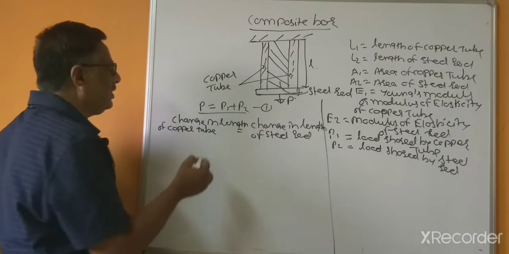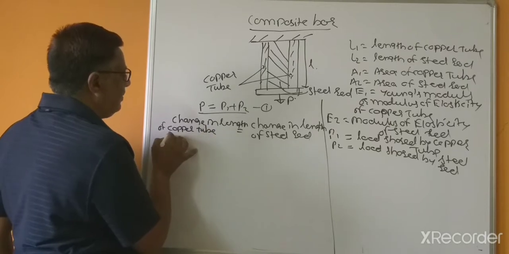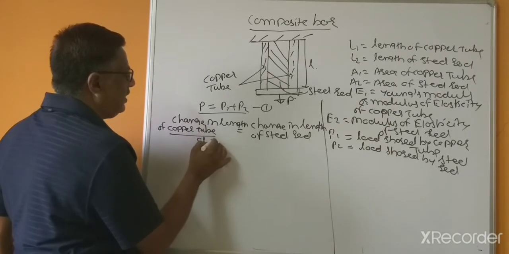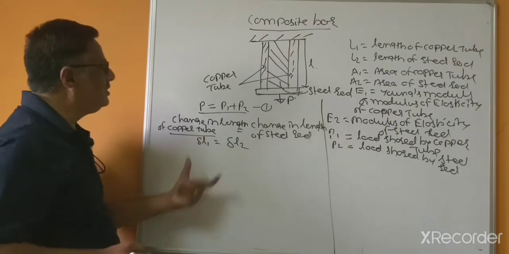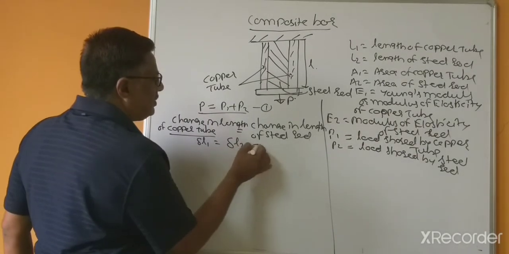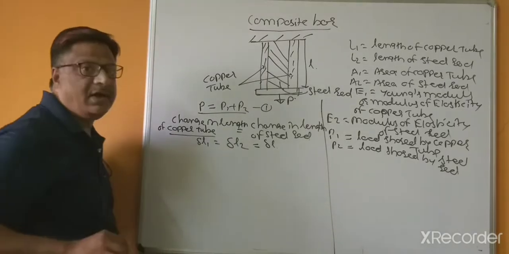This is a copper tube, so suppose this is delta L1 and this is delta L2. Actually both are the same, so you can consider this delta L.